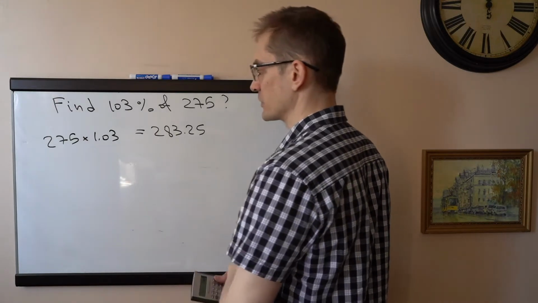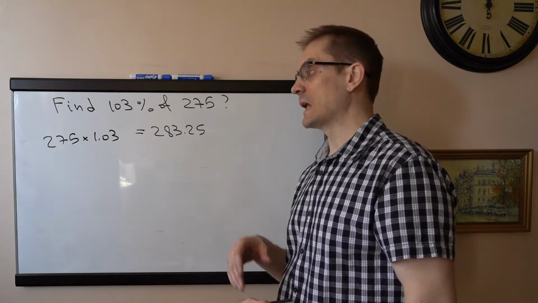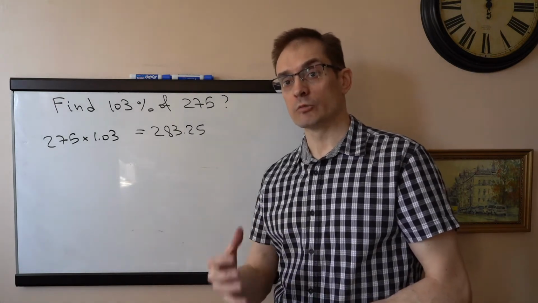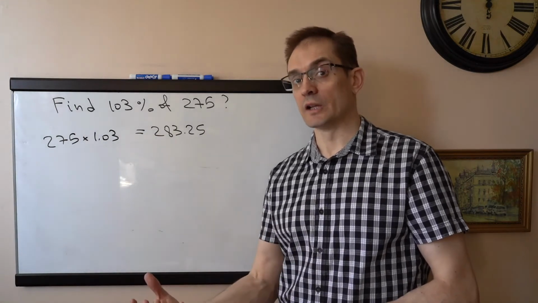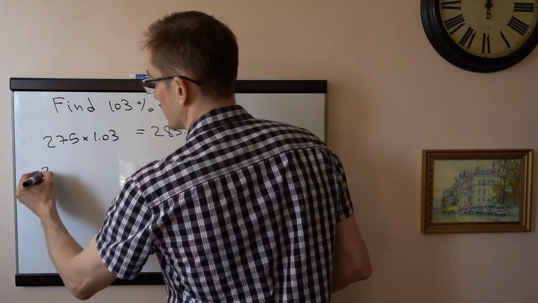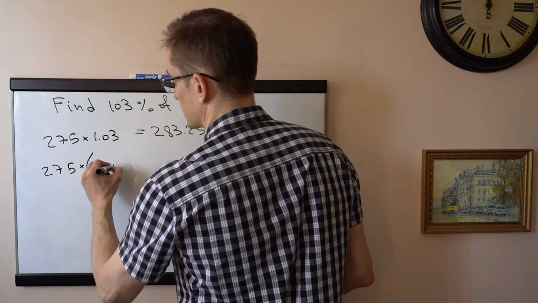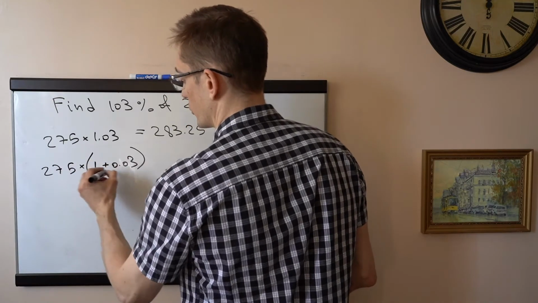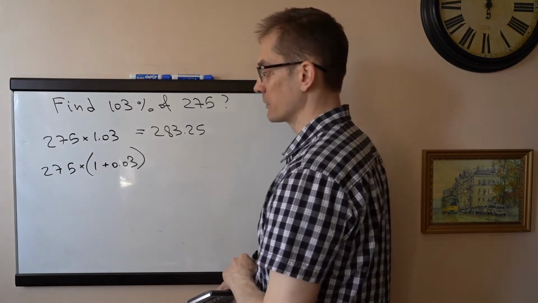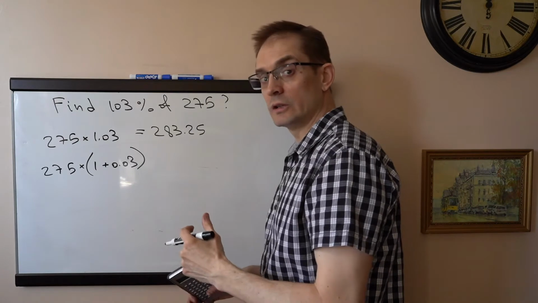However, why this process is so important is because in future in our course we will encounter a lot of calculations which involve percent which is higher than 100%, right? One thing in particular for you to keep in mind is that I can actually write this quantity like this, 1 plus 0.03, which is the same as 1.03. Now, why I write it exactly this way, you will learn later on.